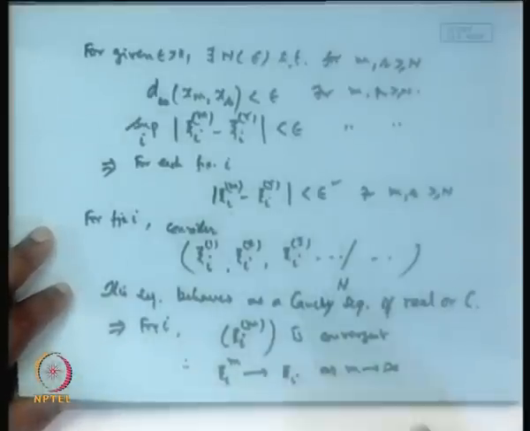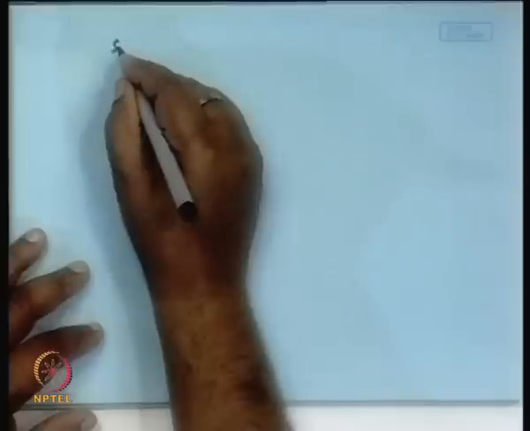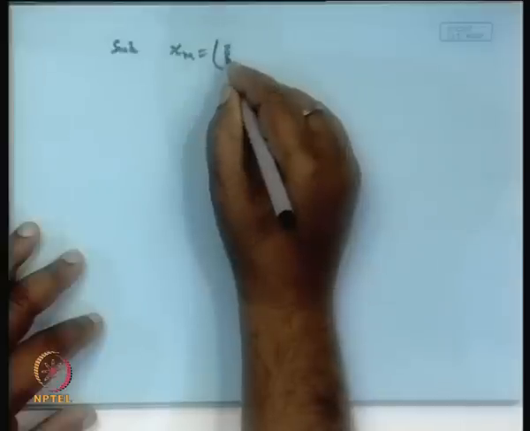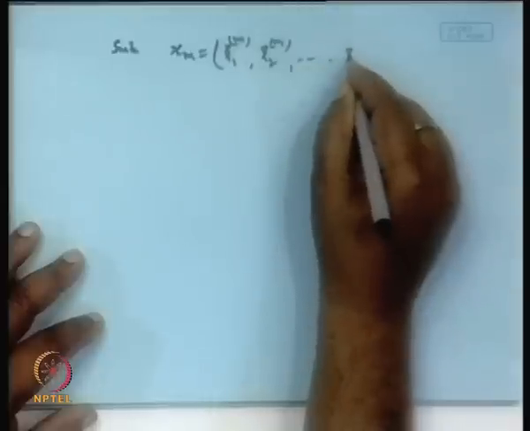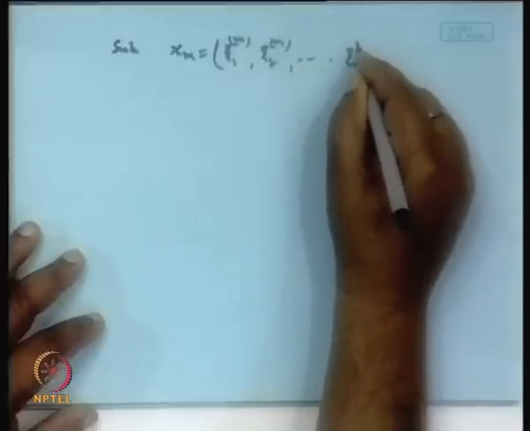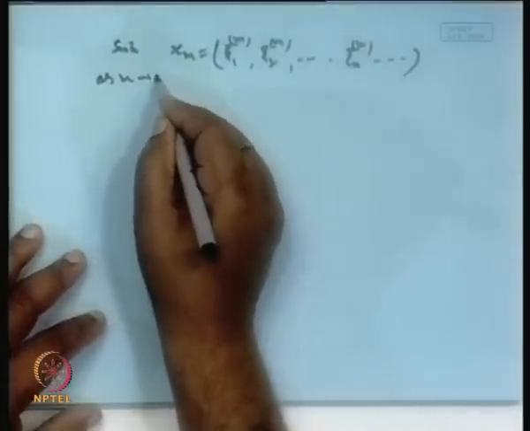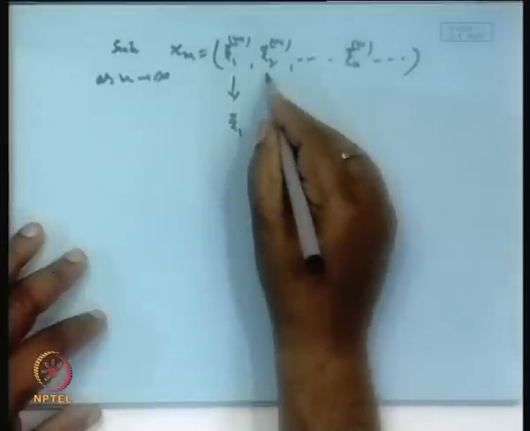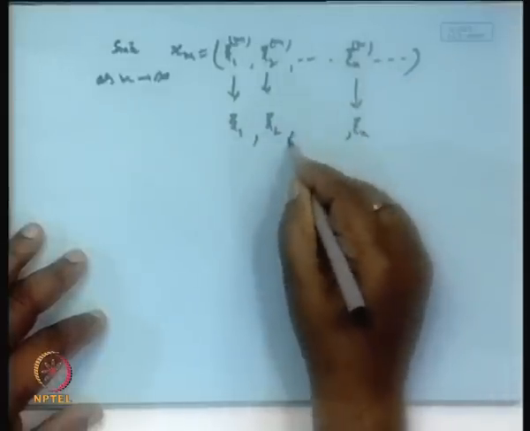Okay? Now, let us pick up this again. Since x m we have taken as xi 1 m, xi 2 m, ..., xi n m and so on, as m tends to infinity, xi 1 m will go to xi 1, xi 2 m will go to xi 2, xi n m will go to xi n and so on.